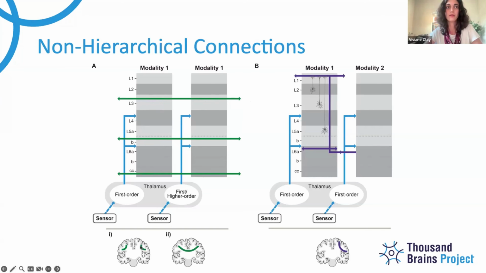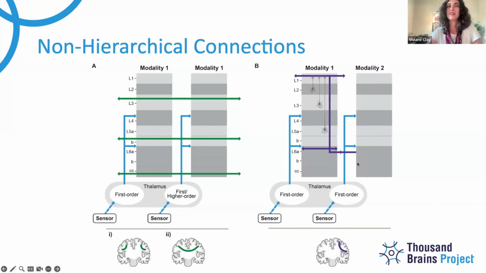And this can happen either within a region, like different columns within V1 connecting laterally to each other, or going through the corpus callosum to the other side of the brain and connecting left and right hemisphere. And then it can also happen between modalities. So for instance, connections between primary visual cortex and primary auditory or sensory cortex.